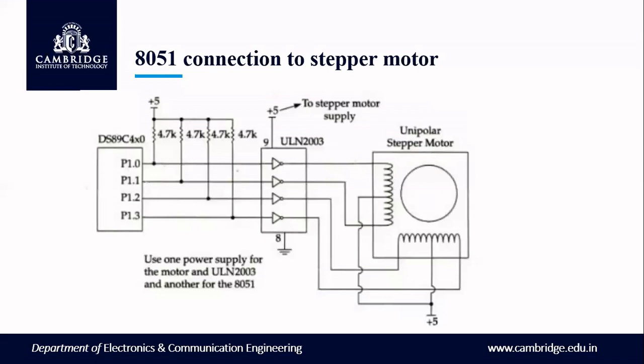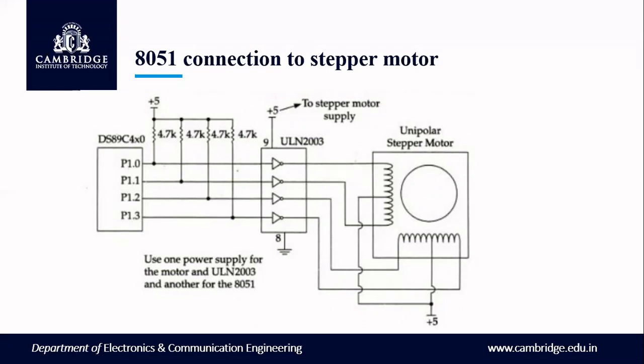This is a connection of a stepper motor with the 8051. Here we have a unipolar stepper motor. A unipolar stepper motor means you will have 4 windings. This unipolar stepper motor is connected through the ULN2003 IC. This IC is used to drive more current for driving the motor.